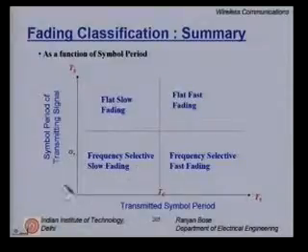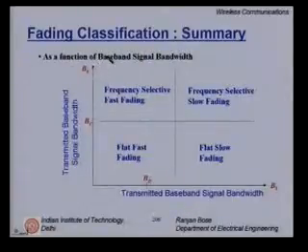You can look at the same slide from a different perspective, that is from the baseband signal bandwidth. On the x axis, I have the symbol bandwidth Bs, so also on the y axis. However, the vertical line approximately relates to the BD, the maximum Doppler shift. On the y axis, we have the BC, the coherence bandwidth. Now, please remember, coherence bandwidth was a function only of the multipath components in the channel and had nothing to do with the signal.